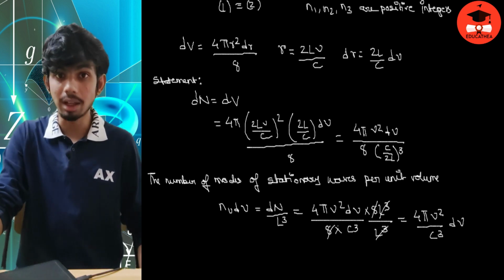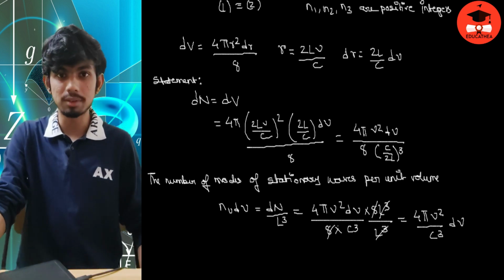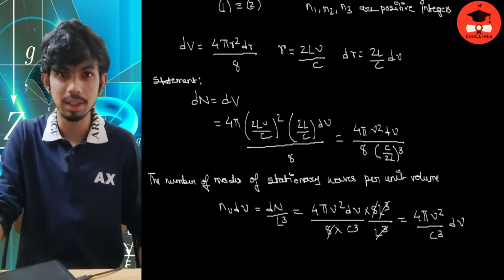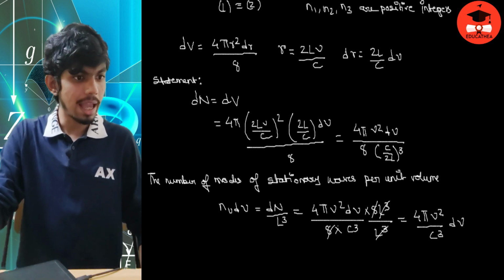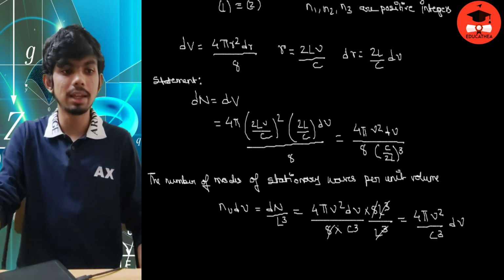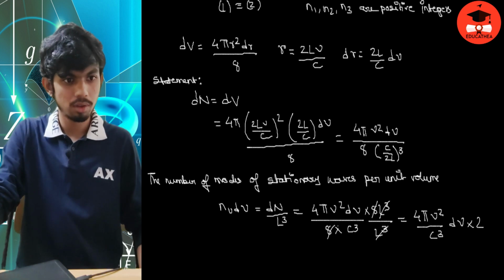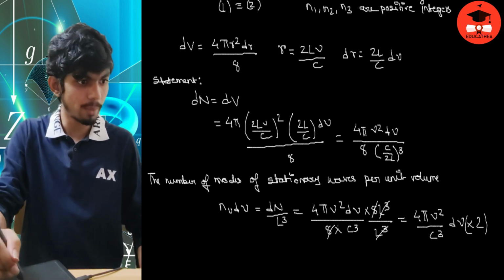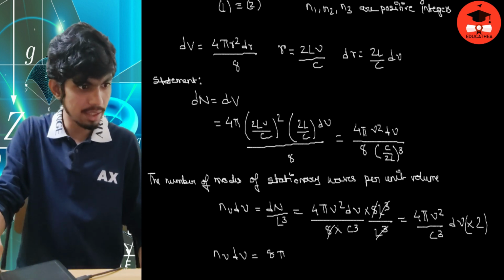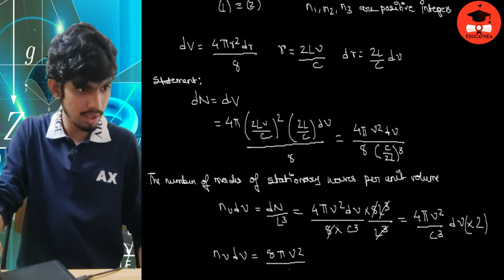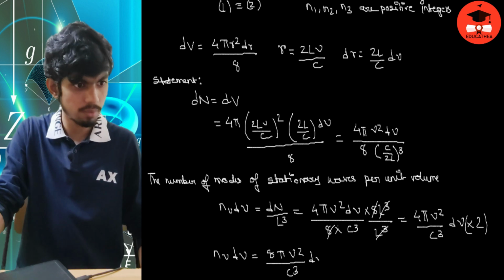But hold on, this is not the answer. In case of waves, we have two states of polarization, E parallel and E perpendicular. So I have to multiply this expression by a factor of 2. So my final expression for n nu d nu will be basically 8 pi nu square divided by c cube into d nu.